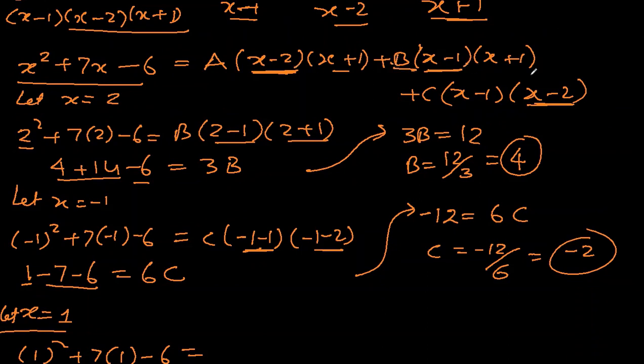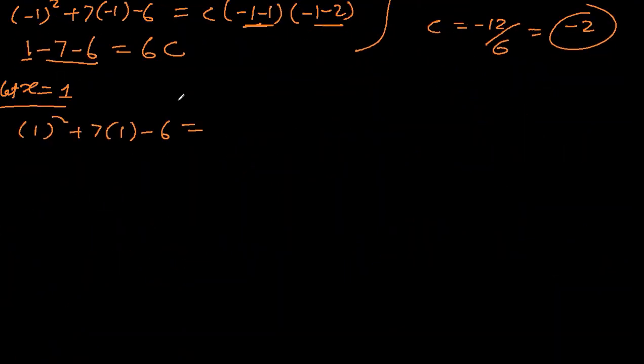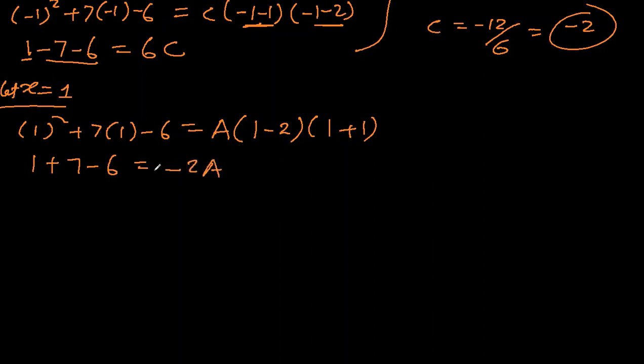So b becomes 0, c becomes 0, and a remains. So it will become 1 minus 2 and 1 plus 1. A, 1 minus 2, 1 plus 1. So 1 plus 7 minus 6 equal to minus 1 and 2, minus 2a. So it becomes 8 minus 6, 2 equal to minus 2a. A is 2 over minus 2, which is minus 1.